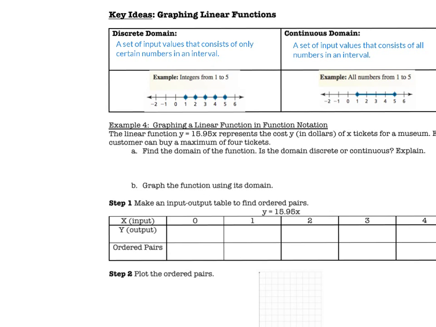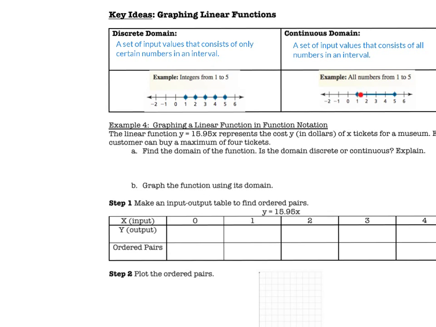Graphing linear functions. We have discrete domains and continuous domains. If you look at the example here, for a discrete domain you have a set of input values that consists of only certain numbers. So we have 1, 2, 3, 4, 5.